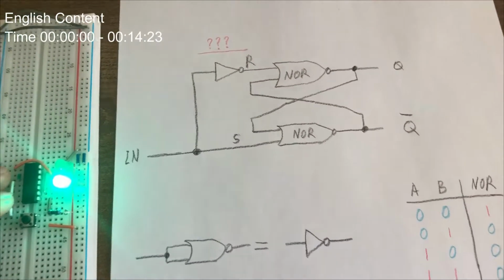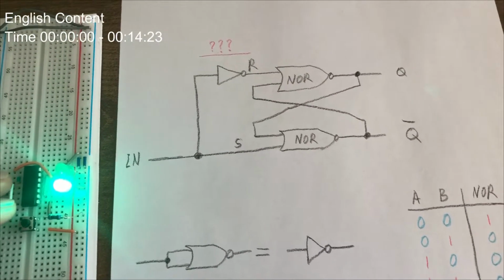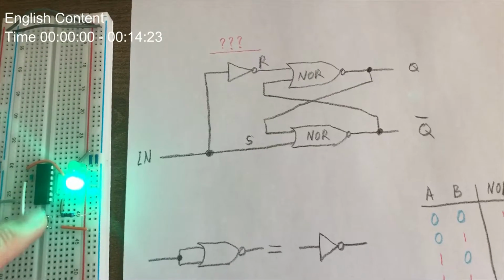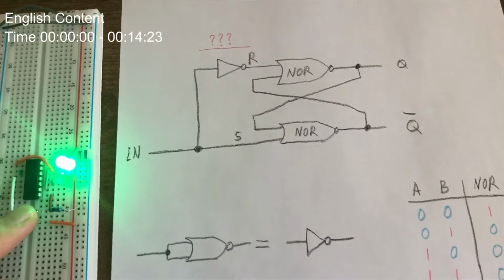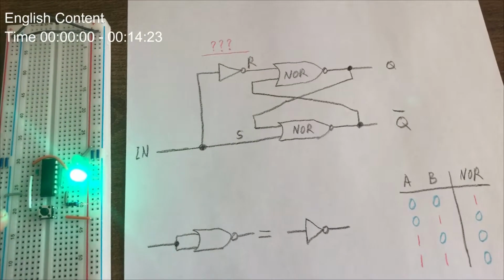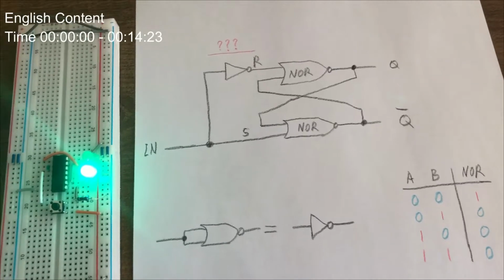Here we got NOT Q turned on. When we push input 1, it will turn on Q. When we release it, it turns back to NOT Q.